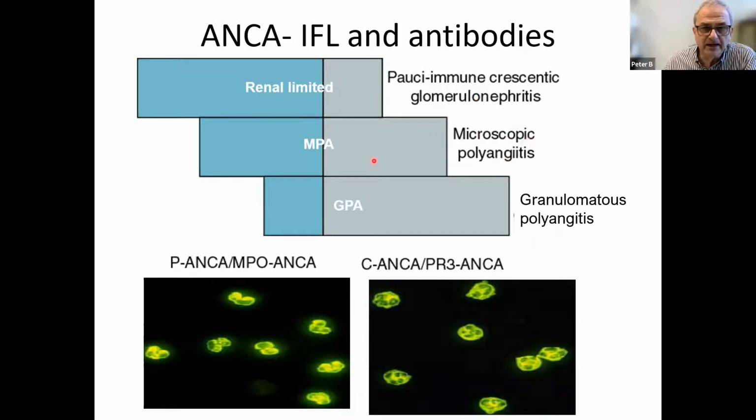Microscopic polyangiitis is an overlap between MPO ANCA and PR3, and GPA, granulomatous polyangiitis. There is also some overlap, but more PR3-positive patients here.